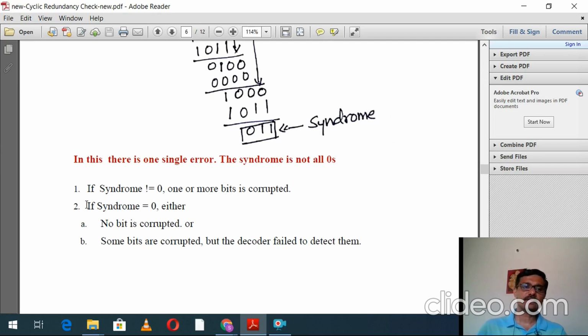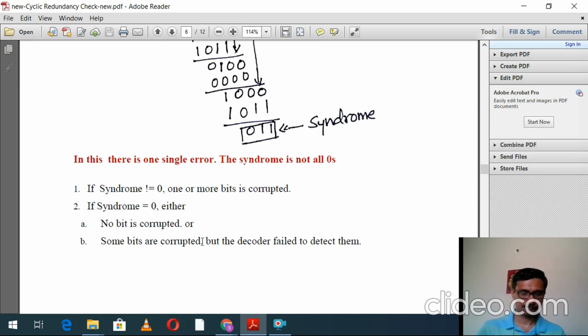Our second case, that is case number 1 from our example: if the syndrome equals 0, either no bit is corrupted, or some bits are corrupted but the receiver has failed to detect them. That possibility is also there. In this case, the location of the corrupted bit is not identified. The receiver will simply ask the sender to resend the frame.